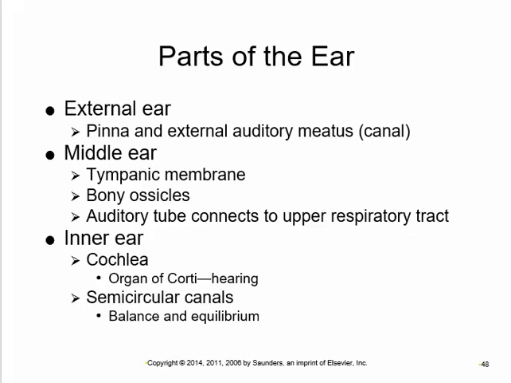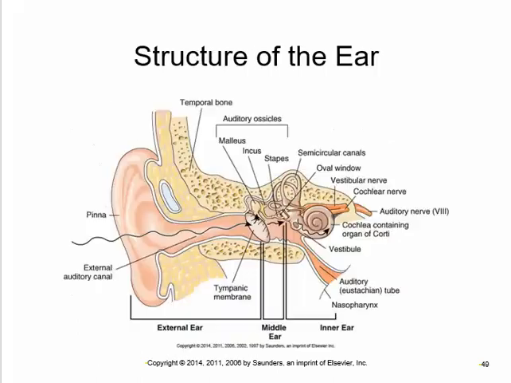Then the inner ear is the cochlea, which has the organ of Corti, the sensor for hearing, and the semicircular canals, which are for balance and equilibrium. If we look at the picture, the outer ear is here, the middle ear is here, with the malleus, incus, and stapes.